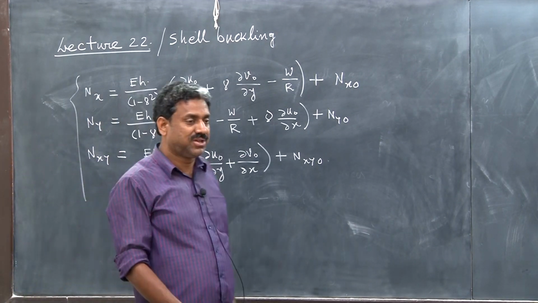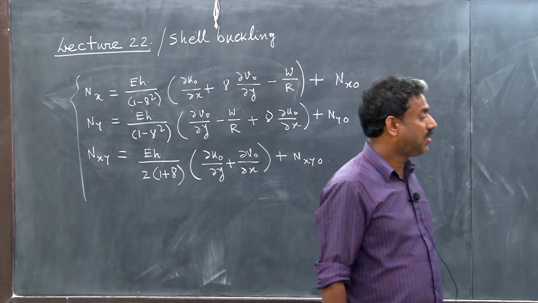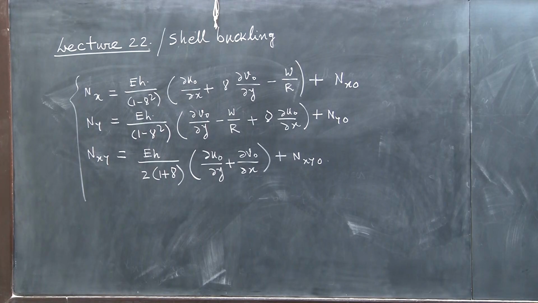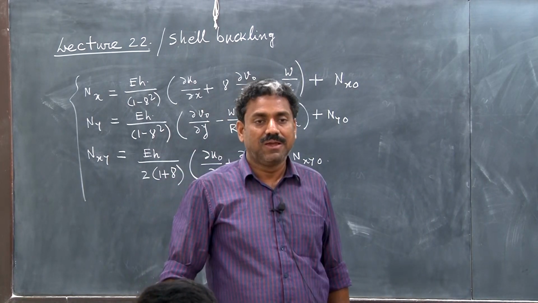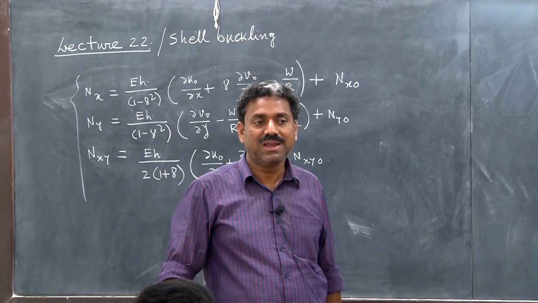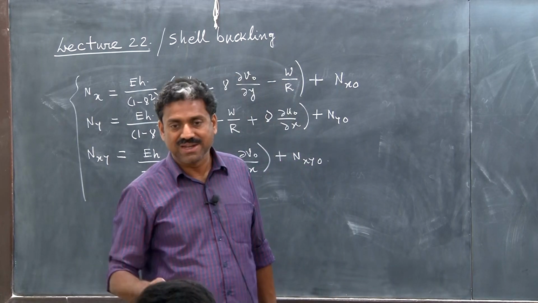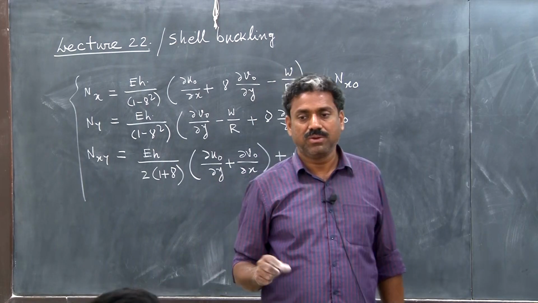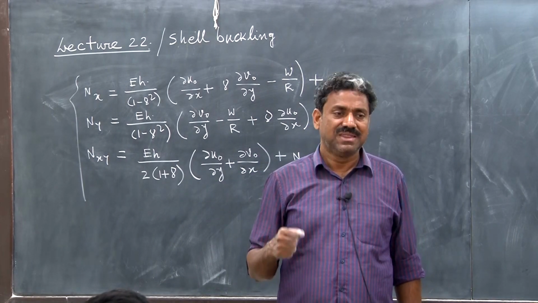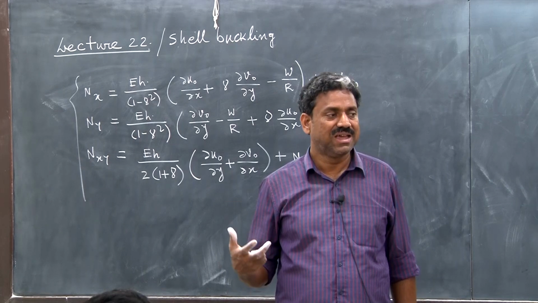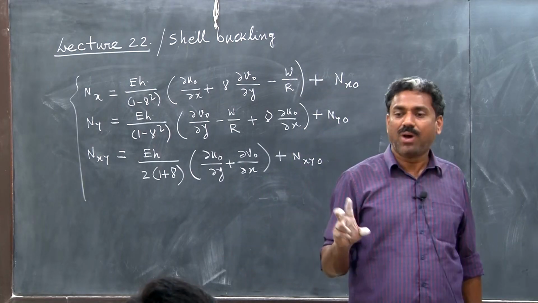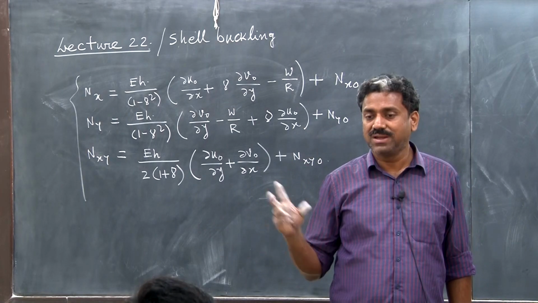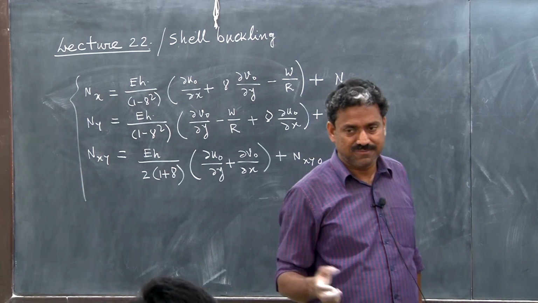There can be very generalized equations that we could also have learned, but I wanted to avoid the mathematical complexity and make the discussion simple, but essentially focus on the physics of the problem, what really happens, with demonstration on the cylindrical shell, because if we understand the cylindrical shell, that can be extrapolated to other shells. Whatever is happening due to additional curvature, etc., there might be a quantitative difference, but not a qualitative one.